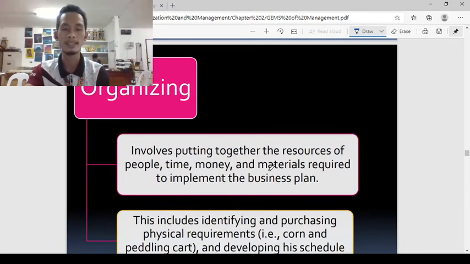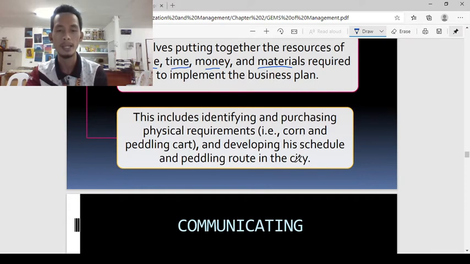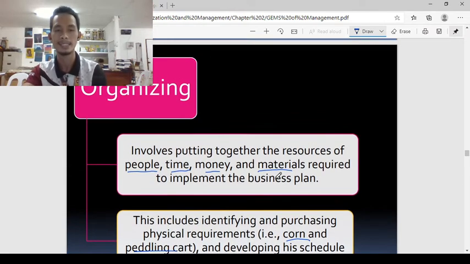Okay, organizing involves putting together the resources of people, time, money, and materials required to implement the business plan. This includes identifying and purchasing requirements, the corn, the peddling cart, and developing his schedule and peddling route in the city.